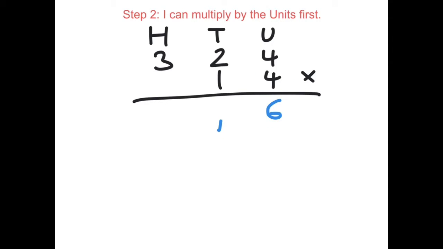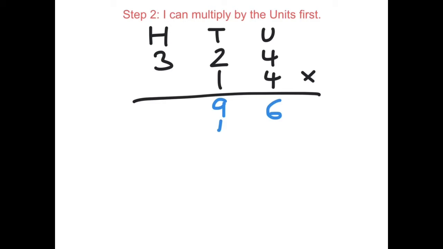Now that we've multiplied the units by the units, we have to multiply the tens by the units. So 2 times 4, that's nice and easy. We know 2 times 4 is 8. We have to add on this extra 1 down here. So 8 add 1 gives us 9 tens. Because we've got 9 tens, we don't have any extra tens to carry over to the hundreds.